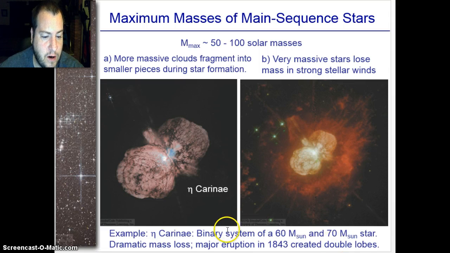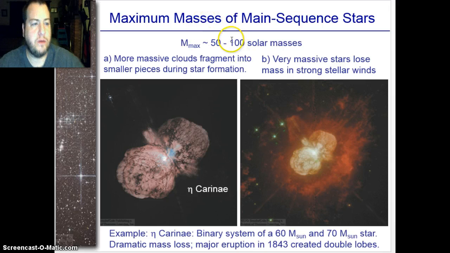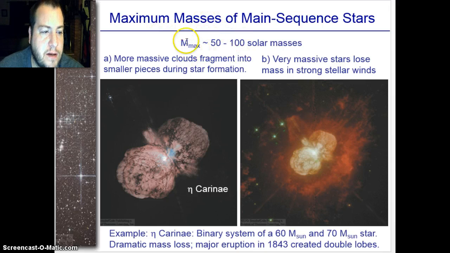Let's see, here in 1843, we noticed this eruption, or this very dramatic mass loss, created these double lobes on this system right here. Now this relates to what's called the maximum mass of main sequence stars. Main sequence stars' maximum ranges somewhere between 50 and 100 solar masses. More than that, and the more massive clouds just fragment into smaller pieces during star formation.